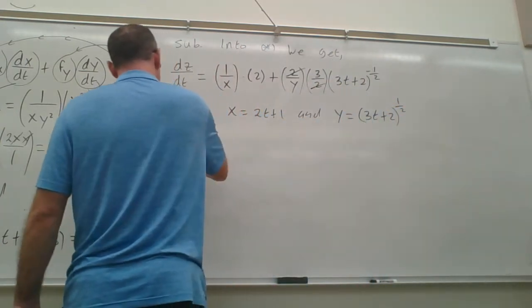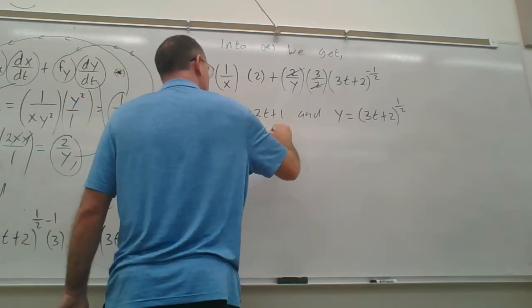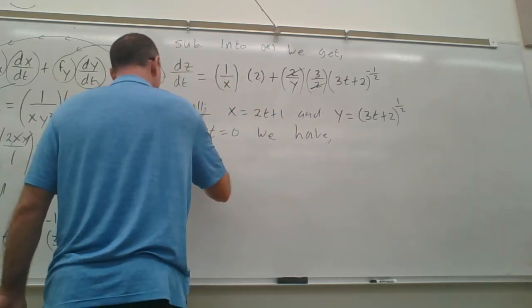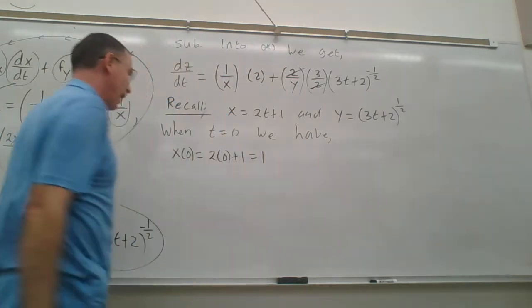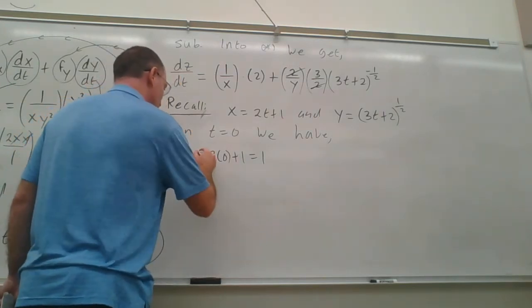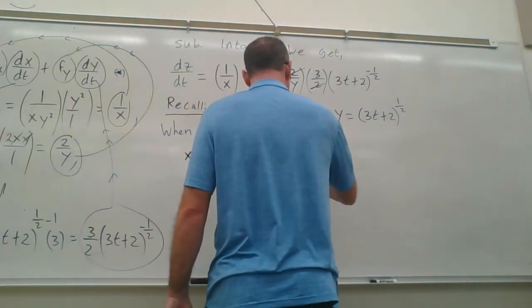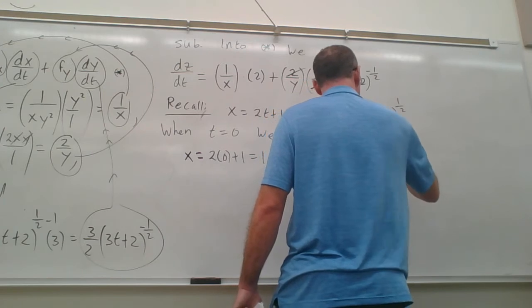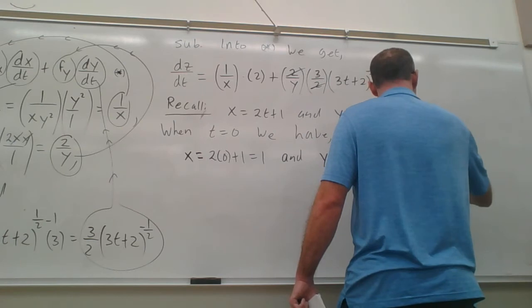So when t is equal to 0, x will be equal to 1, and y will be equal to 3 times 0 plus 2 to the 1/2, which is 2 to the 1/2.